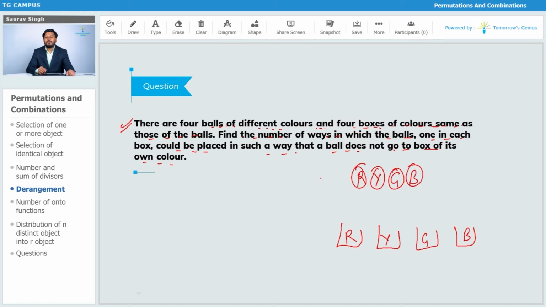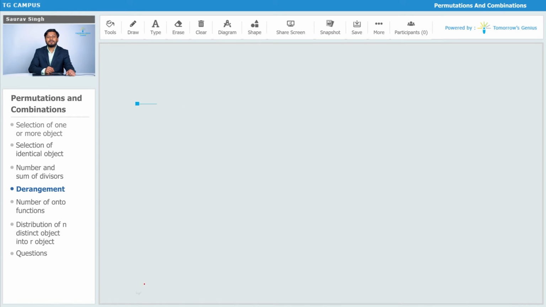So ultimately what we have to do is derangement, where n is equal to 4. Means we want to put this red, yellow, green and blue in the given boxes such that each box will get one ball but not of their corresponding color. For that we have to use derangement.